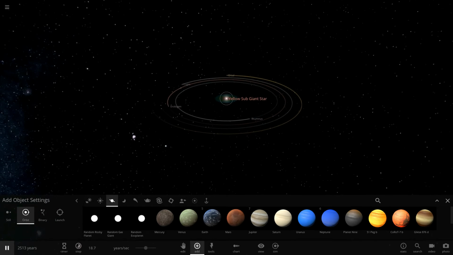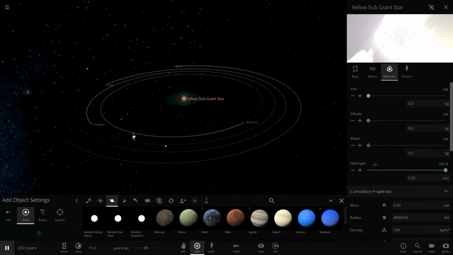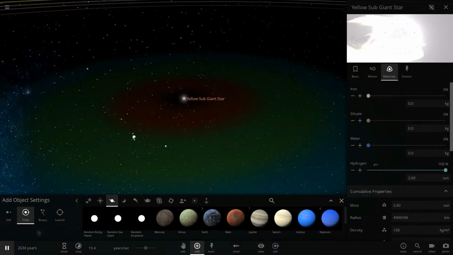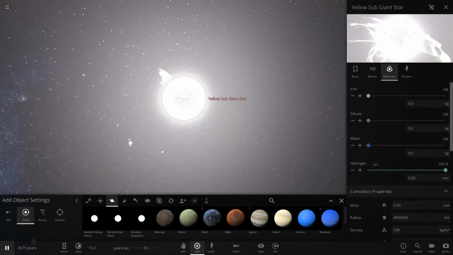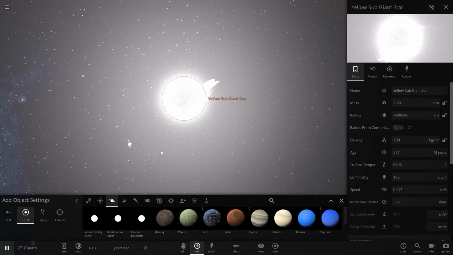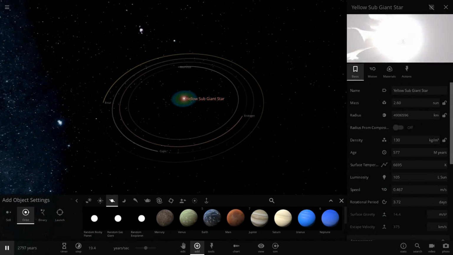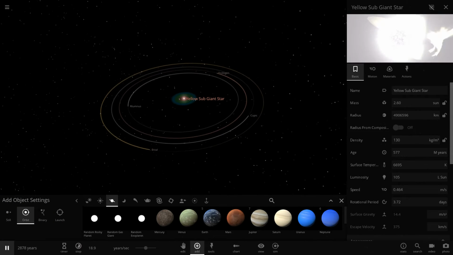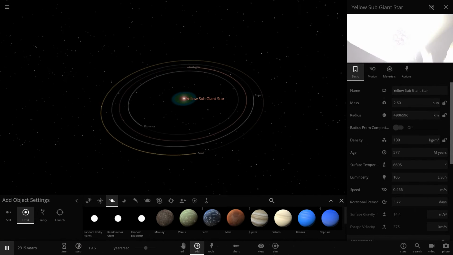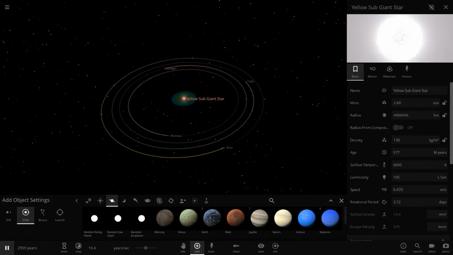And this star, oh my god, that star is seriously just cooking. I mean, this star is really, really hot. It's 6,500 degrees. That's slightly warmer than the sun, but this is a white subgiant.